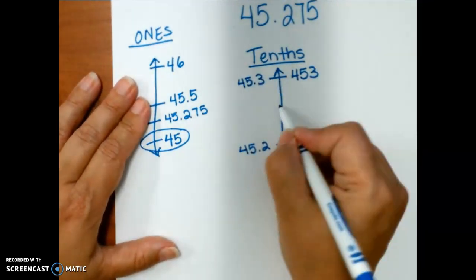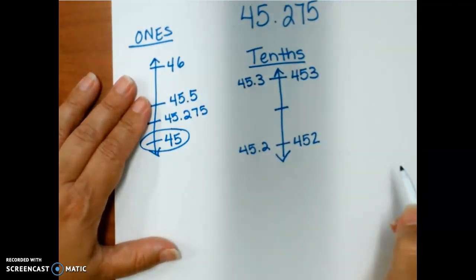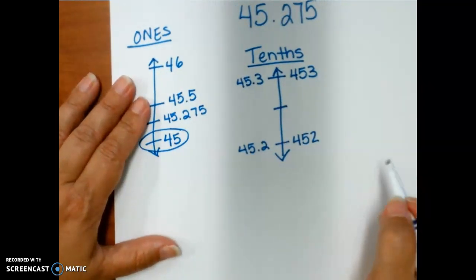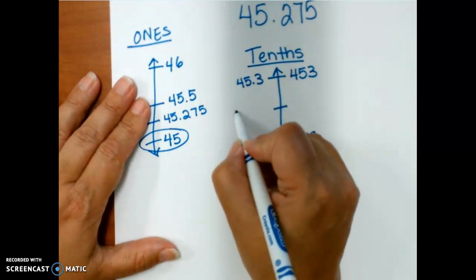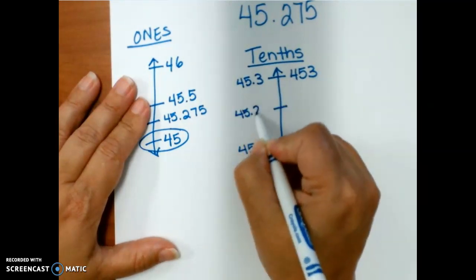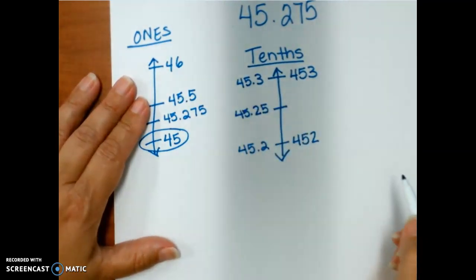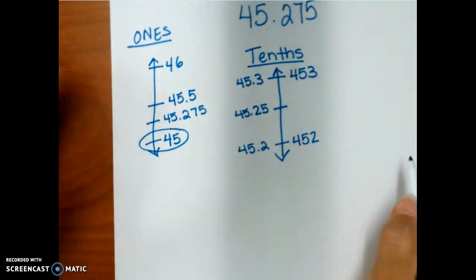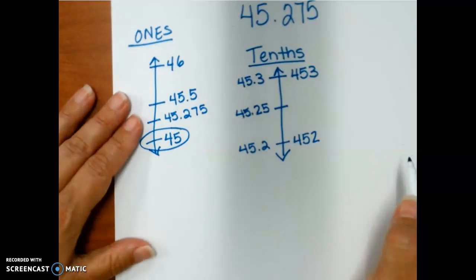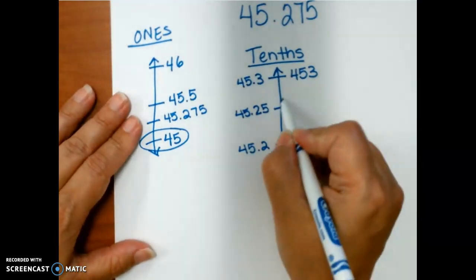My midpoint, halfway between, which helps me decide whether I round up or down, is going to be 45 and 25 hundredths, because half a tenth is 5 hundredths. Where does my number go?